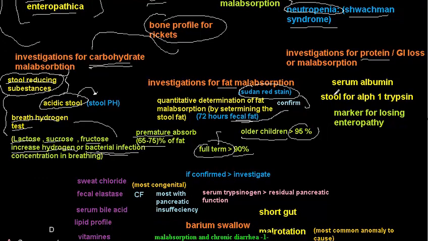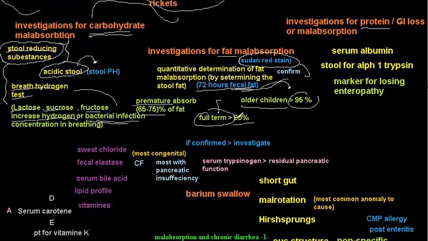So in the 72 hours fecal fat, you have to find no more than 25% at most in premature babies, or 5% in older children, okay. No more than 5% fat in the stool. If you find more than this, you have to suspect fat malabsorption, okay.